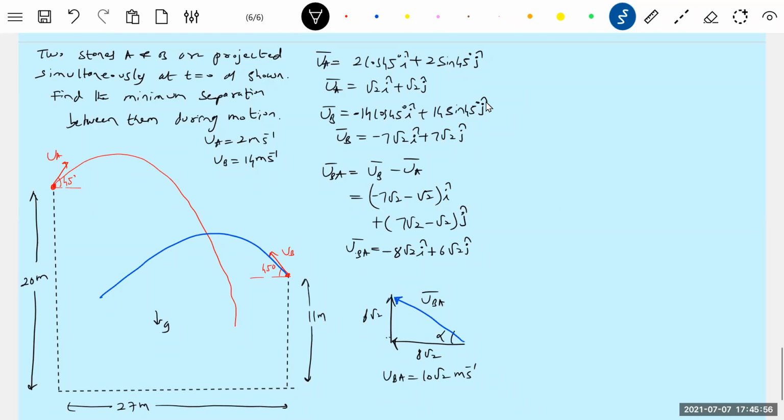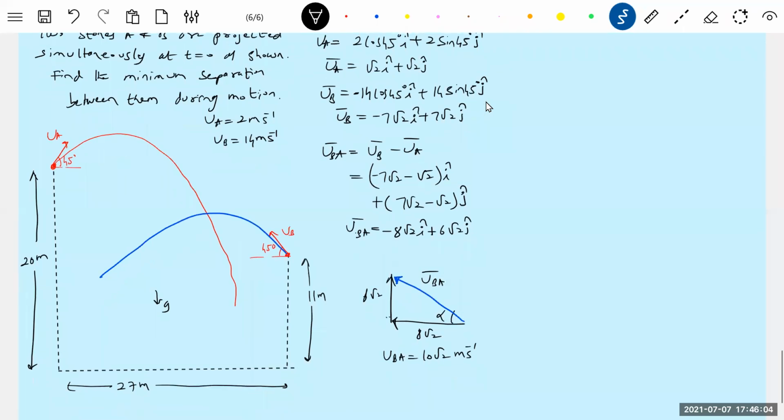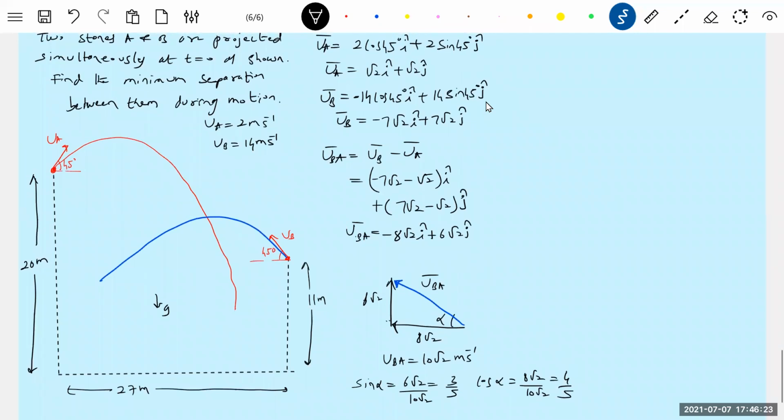Okay, sin alpha and cos alpha, they are needed for us. Sine alpha will be 6 root 2 by 10 root 2, will be 3 by 5. Cos alpha will be 4 by 5. Okay, I think we have that angle also.